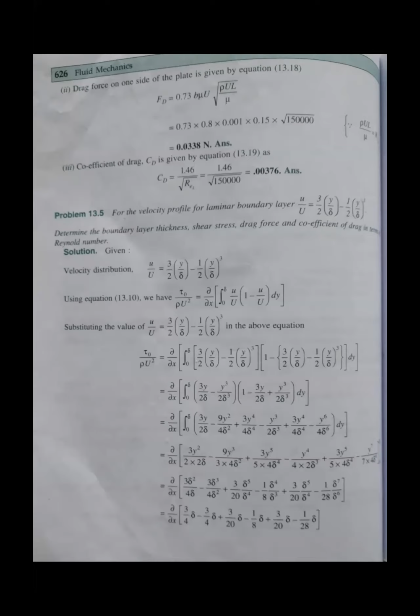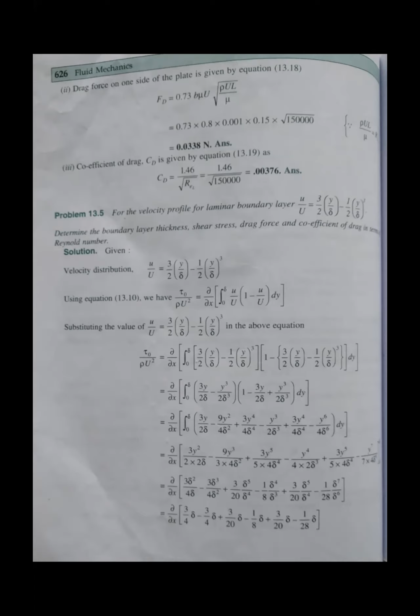So 2 into 3, you will get 6 terms, and you must do this algebraic manipulation carefully. So now we write tau 0 by rho u square is equal to dou by dou x of integral 0 to delta, and for u by capital U you write 3 by 2 y by delta minus 1 by 2 y by delta whole cube.